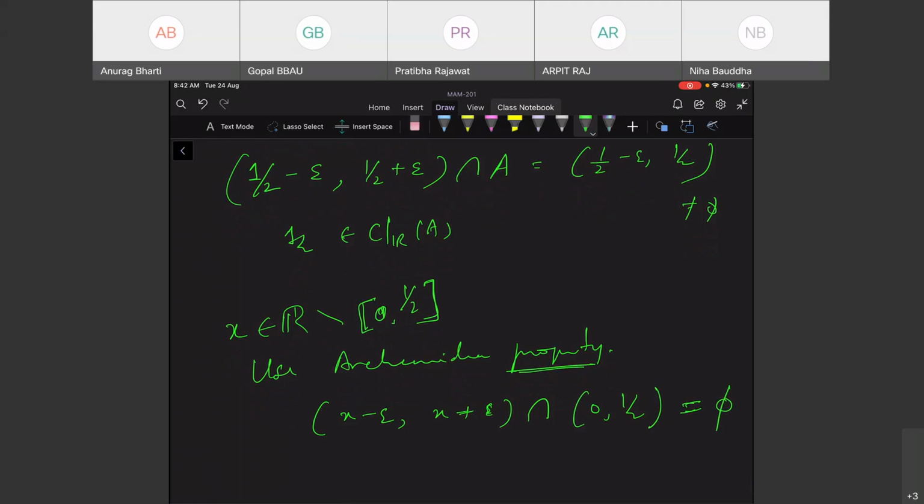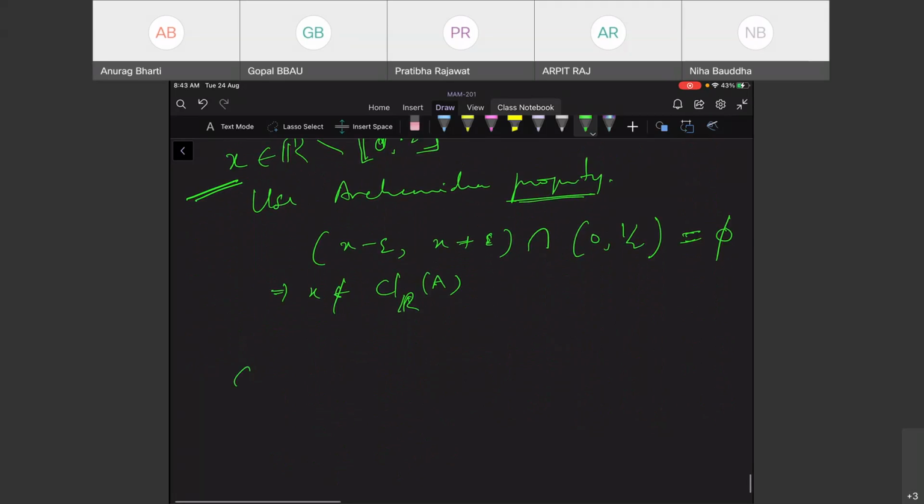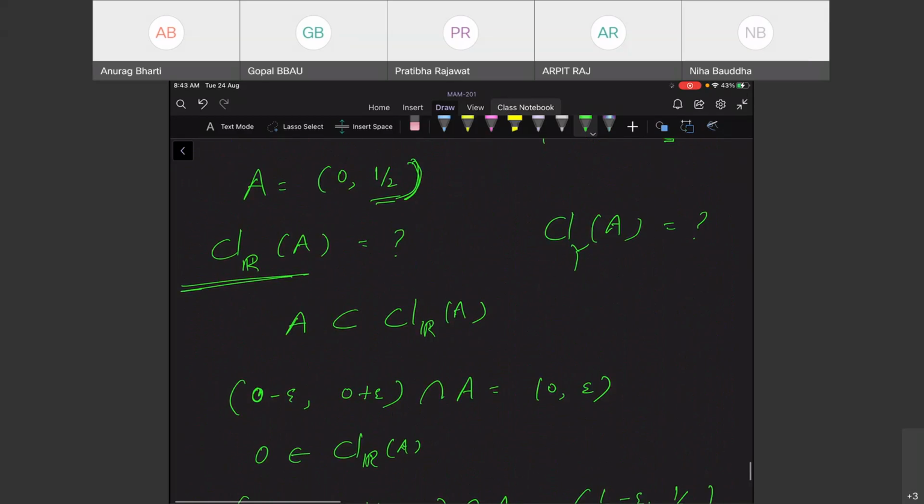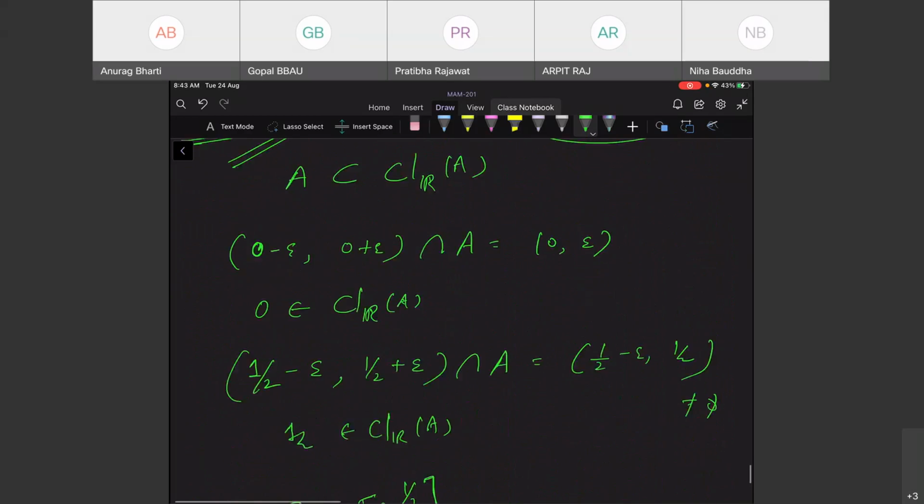This means no point outside the closed interval [0, half] is in the closure. So x cannot be in the closure of A in R. Hence the closure of A in R is the closed set [0, half].